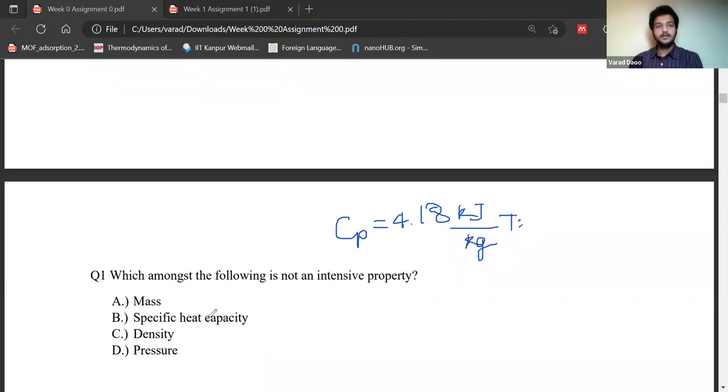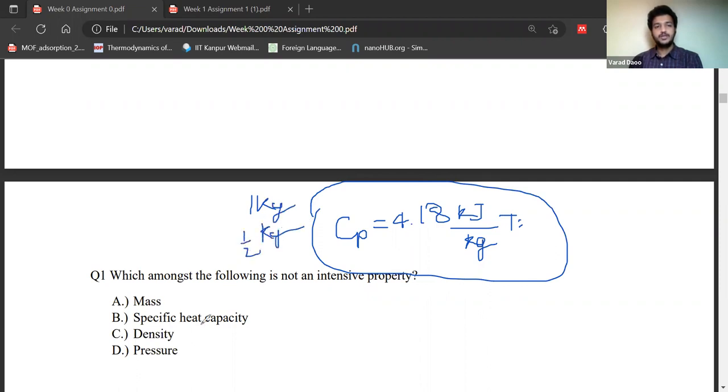This doesn't depend on whether it's 1 kg, half kg or whatever amount of water, so it does not depend on mass. Similarly, density of water does not depend on mass.